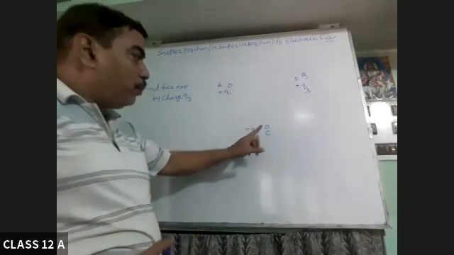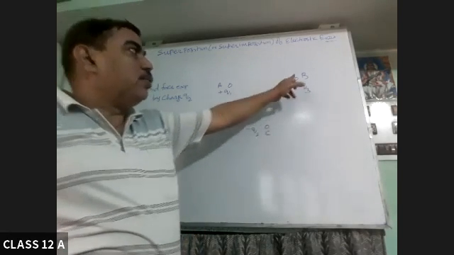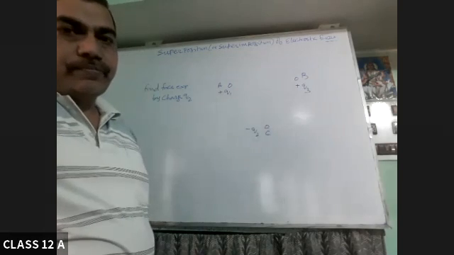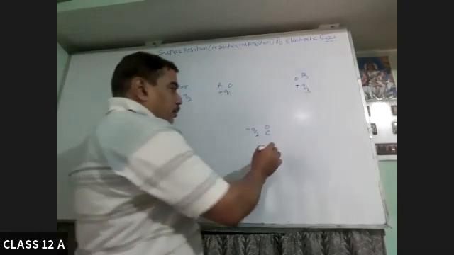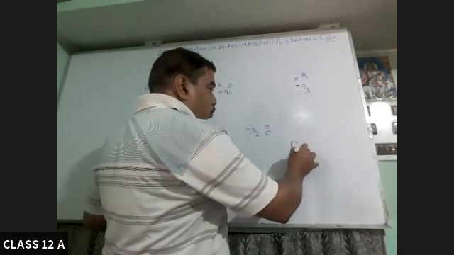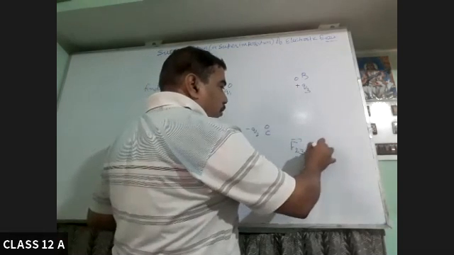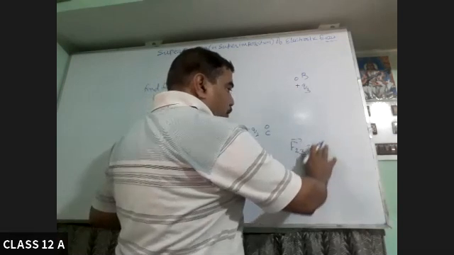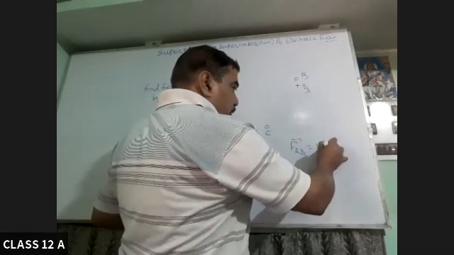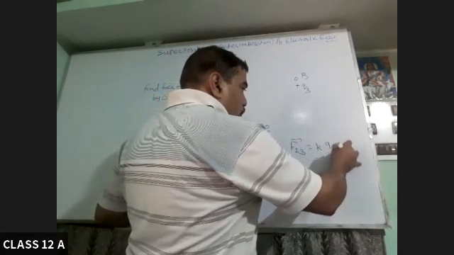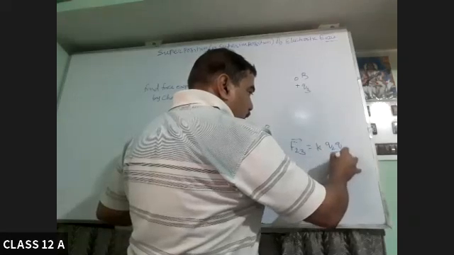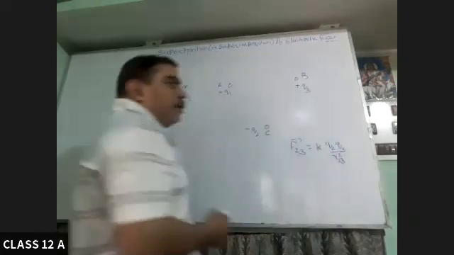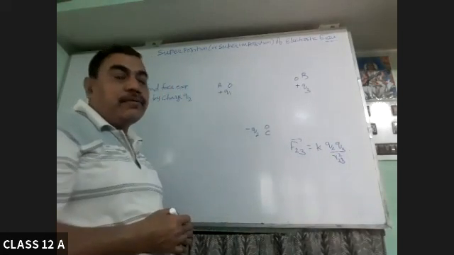So what is the force experienced by this due to this? How will you find? So this F23 will be 1 by 4 pi epsilon, suppose K, Q2 Q3 over R23 square and unit vector.